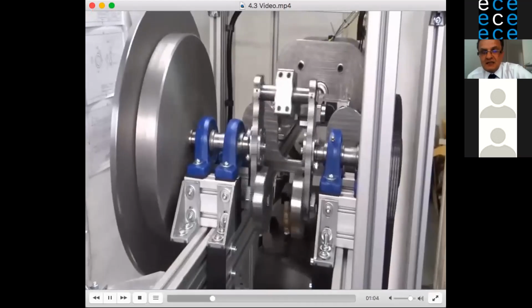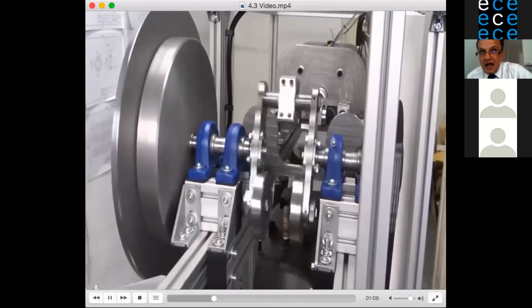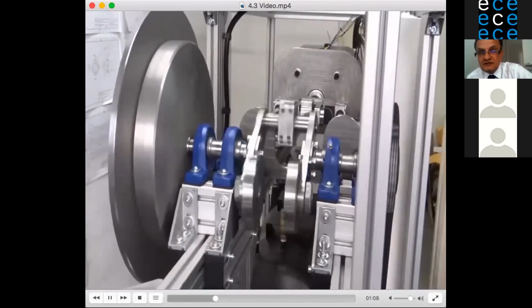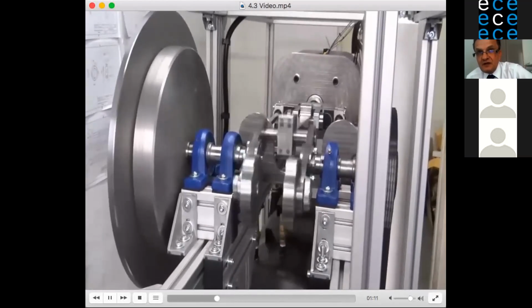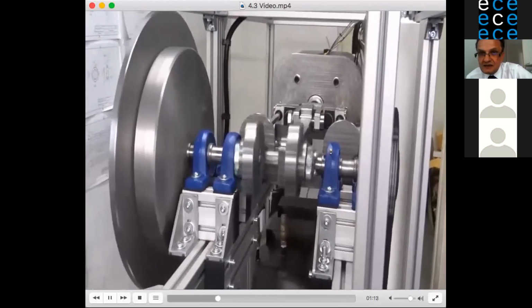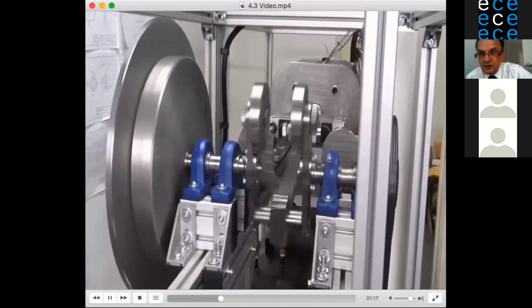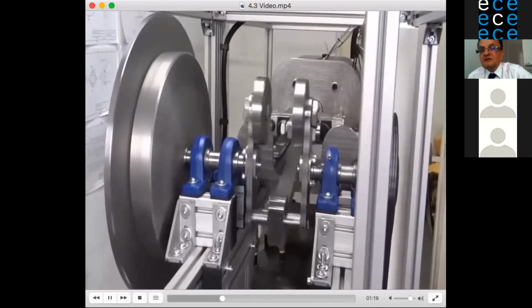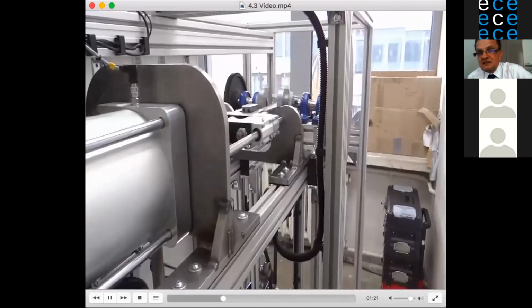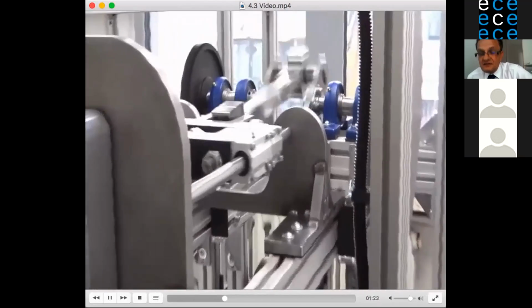And maybe the interesting thing is that this machine works at very low gauge pressure. I mean that it works at a gauge pressure of 1 bar, 1.2, 1.3 bar, 0.7 bar. This is its advantage, for instance.